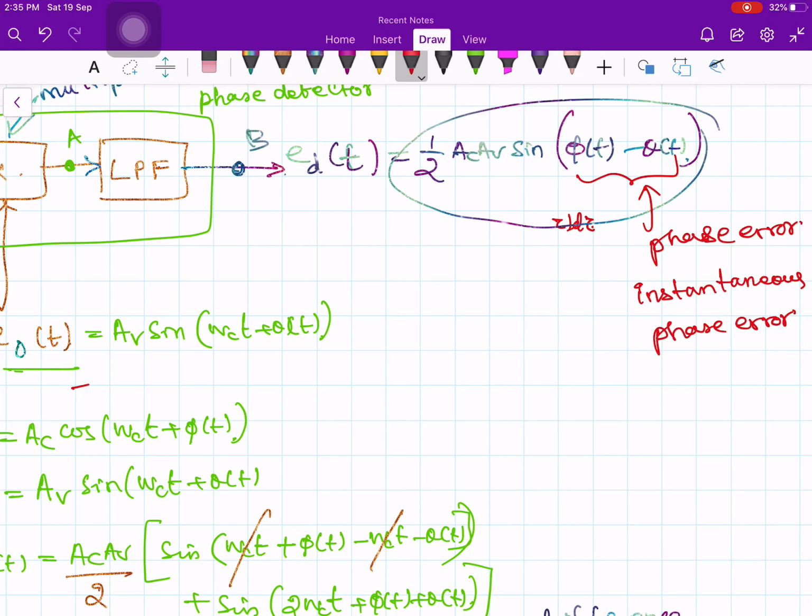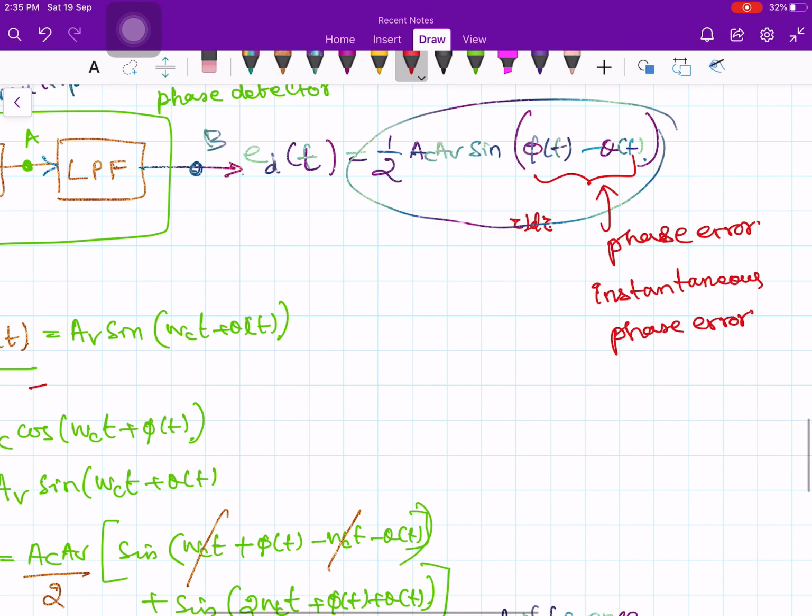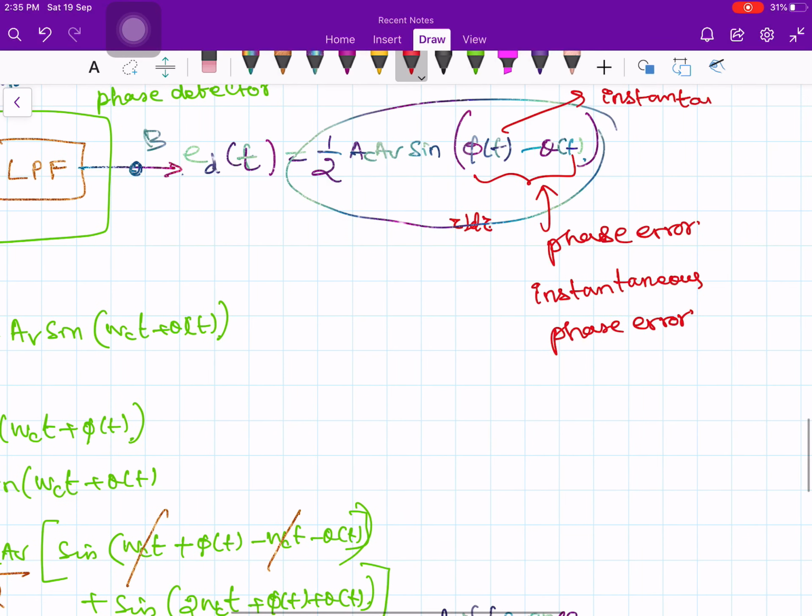Okay, so if you consider phi of t as an instantaneous input phase, and theta of t as the instantaneous output phase, coming from where?